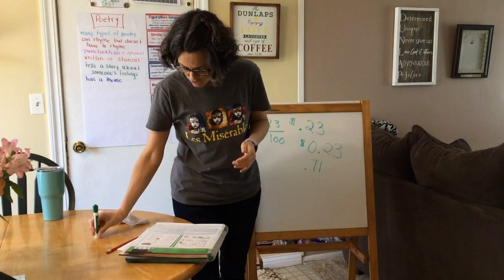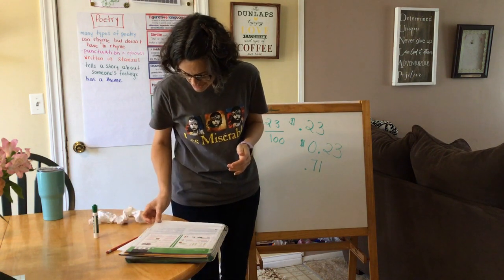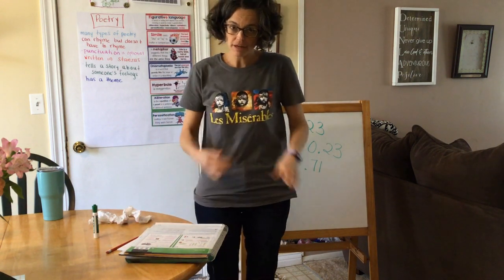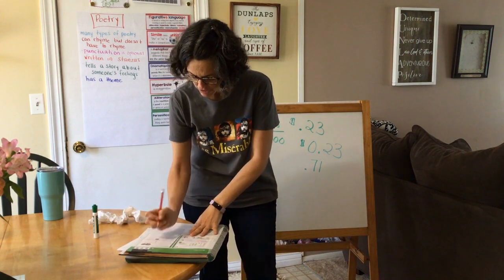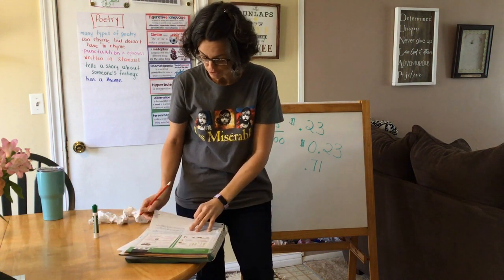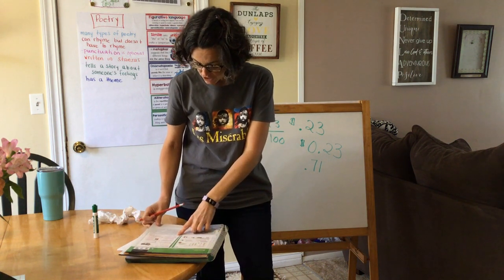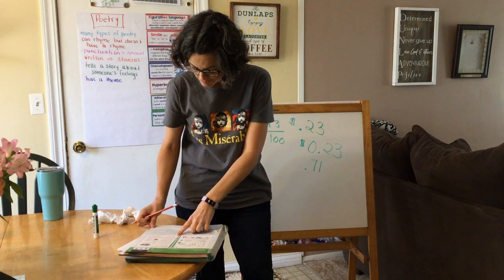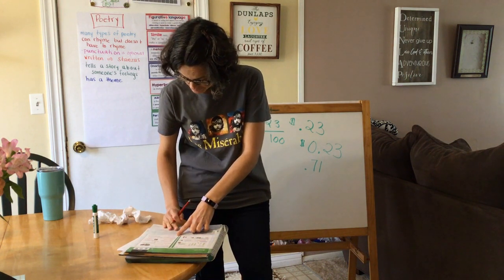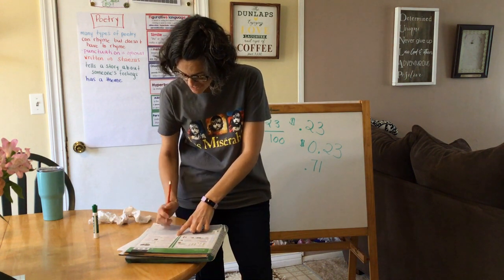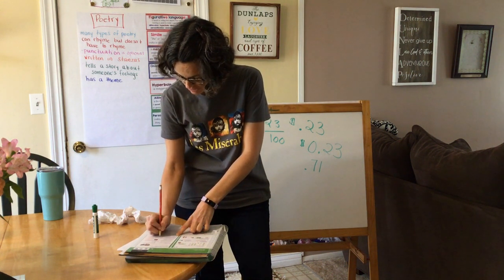I want for you to look over at 630. So have your scrap paper handy. You're going to do a couple on your own and have them ready for small group. 630, you're going to do number 7 and number 8. And then you're going to go way down at the bottom and do number 13 and 14.